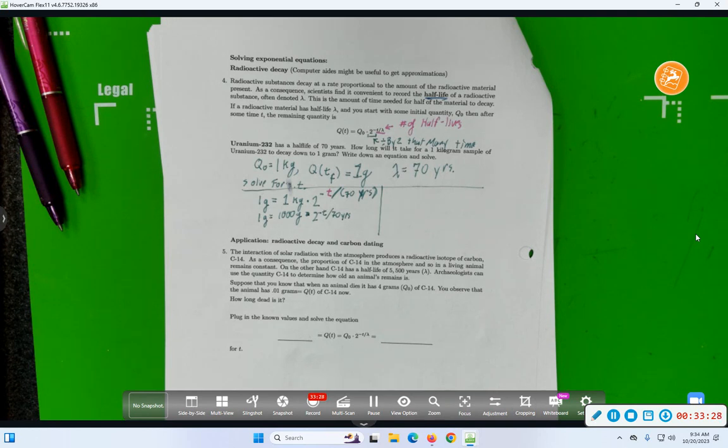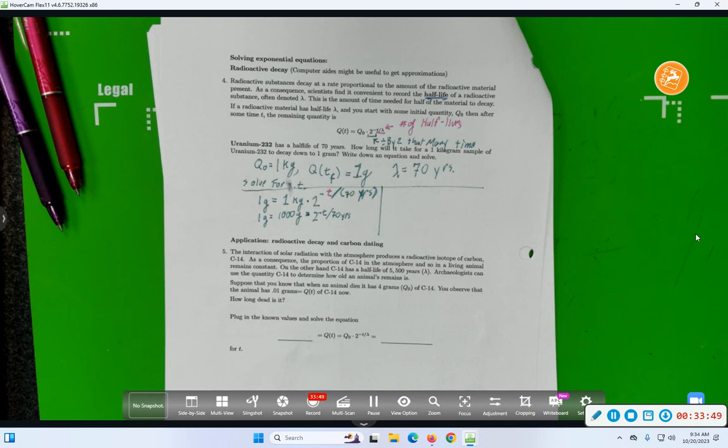I want to solve for t. What should I do? Well, let's strategize a bit. How many t's do you see in this whole equation? Just one.